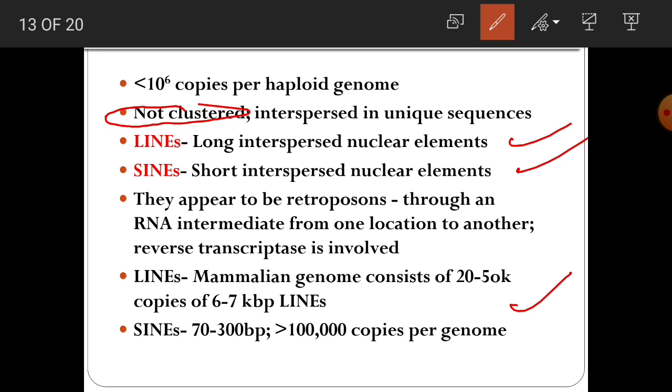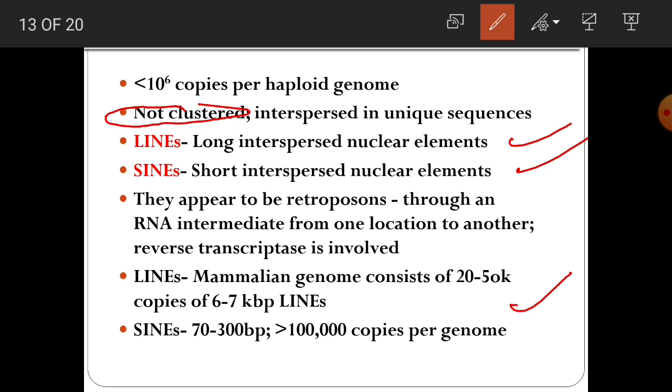These are the LINEs, the long interspersed nuclear elements, and SINEs are a little smaller. They are 70 to 300 base pairs, but there are more than 1 lakh copies per genome. They are more in number, but smaller in size. LINEs are bigger in size and lesser in number.